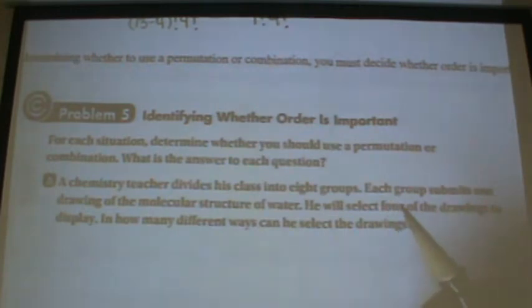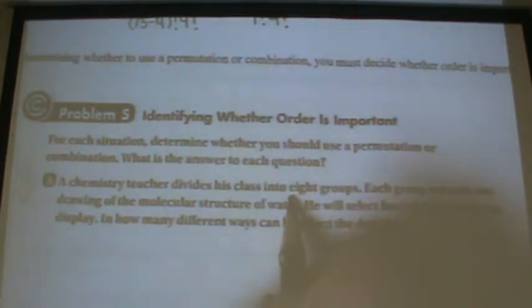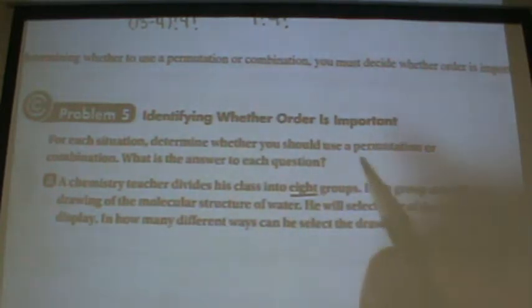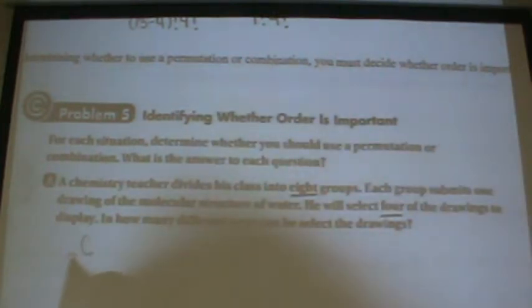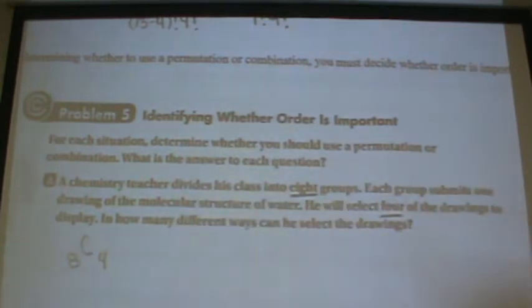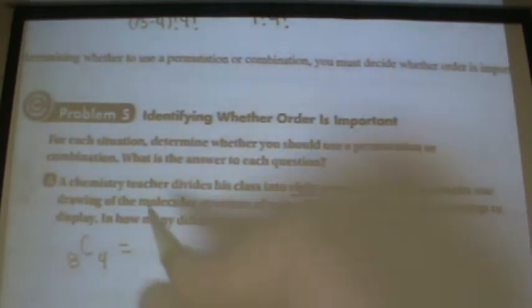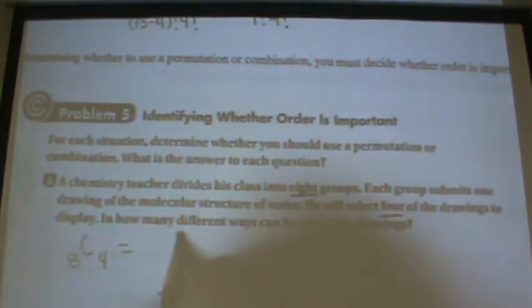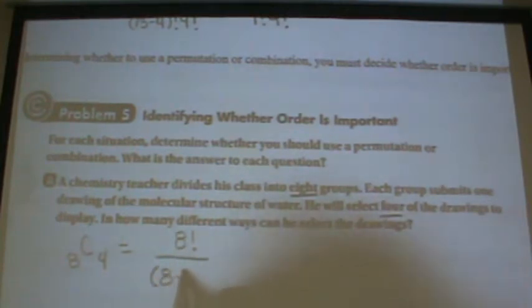So what's the number for our entire set? There's 8 groups. And we're selecting 4. So our combination would be written like that. And you can write it using the formula. It would be 8 factorial over 8 minus 4 factorial times 4 factorial.